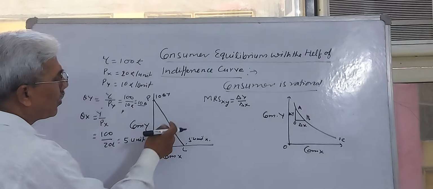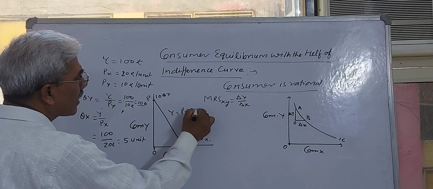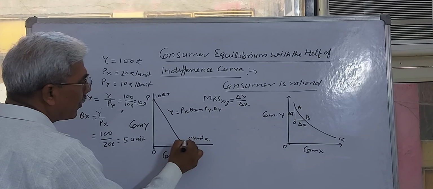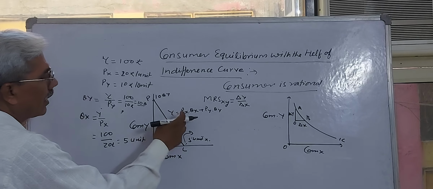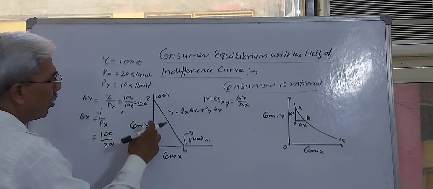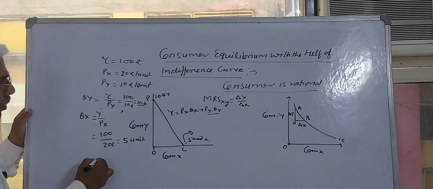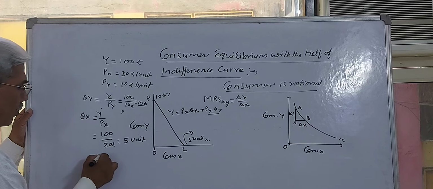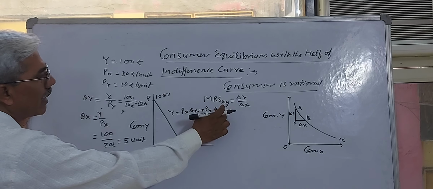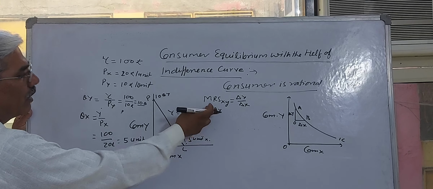If he is purchasing both, the price line will be Y is equal to Px into Qx plus Py into Qy. If the demand of X is maximum and the demand of Y is 0, then this value will be 0, or you can put in values and derive. Suppose Y is equal to Px into Qx. Because the quantity of Y is 0, multiplied with Py, the value will be 0.